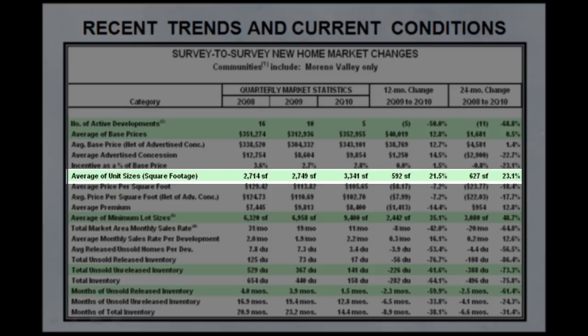This is an indication, along with the price data that we just mentioned, that the remaining inventory in this particular market is old legacy homes, executive homes, move-up product, and upscale offerings that are completely out of sync with the current market demands.